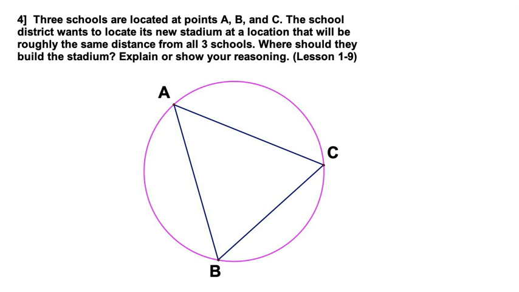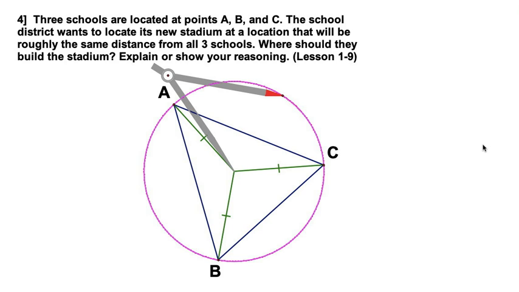So now you did that, and that was the very last circle you made. But now think about this. If that's where you put the needle of your compass, that is the center of the circle. That means all of these are radii, and all these radii are congruent.